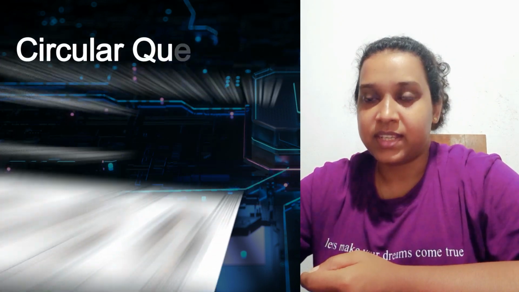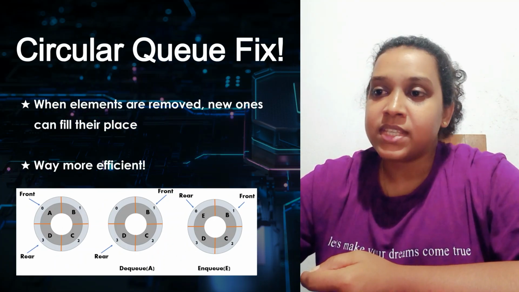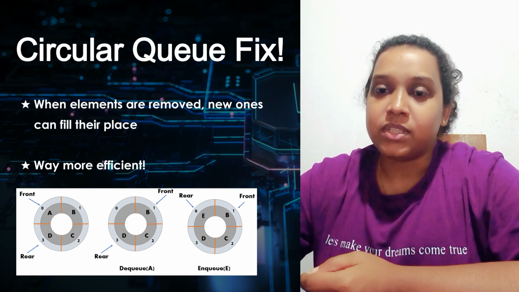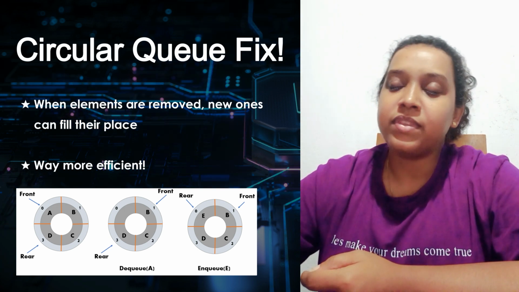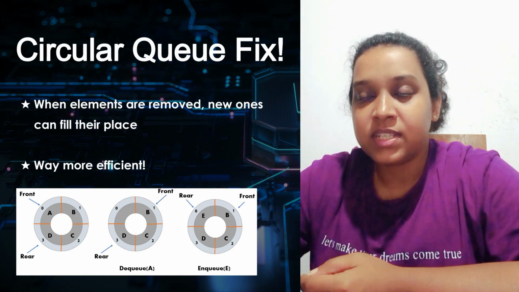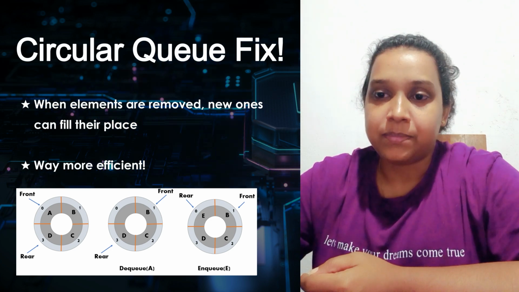But don't worry, there is a fix for that. The circular queue reuses empty spaces when items are dequeued. It's like wrapping around the end of the array back to the beginning. This helps us avoid wasted spaces and keep the queue running efficiently.